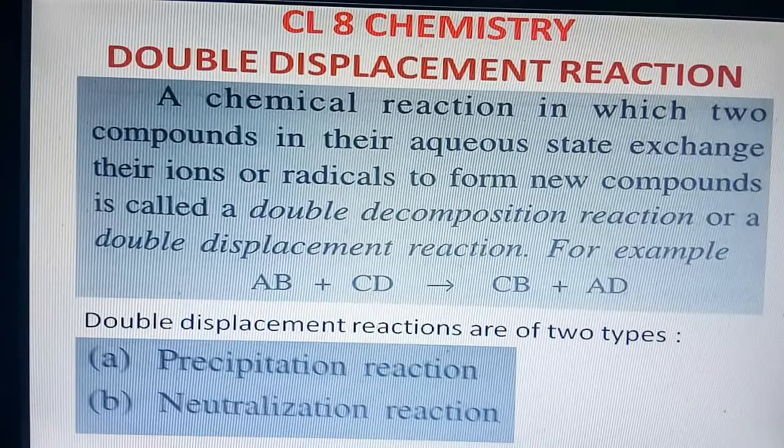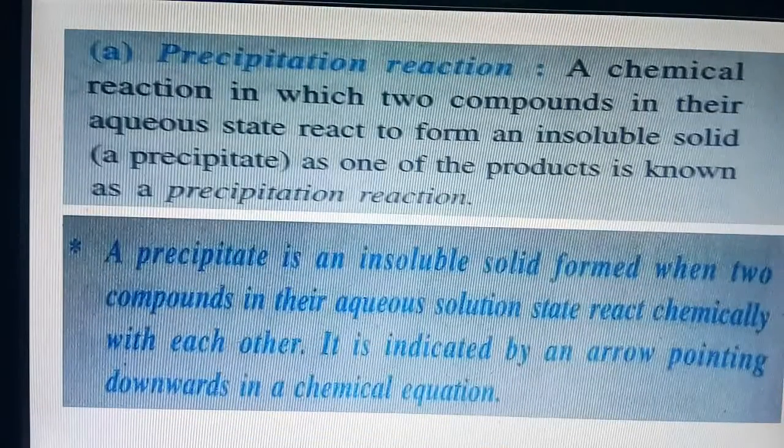But here in double displacement reaction, both the reactants are compounds and both the products are compounds because exchange of ions takes place here. So I was saying this precipitation reaction is also a double displacement reaction in which two compounds in their aqueous state, means in their solution form. I was saying like conditions for reaction.